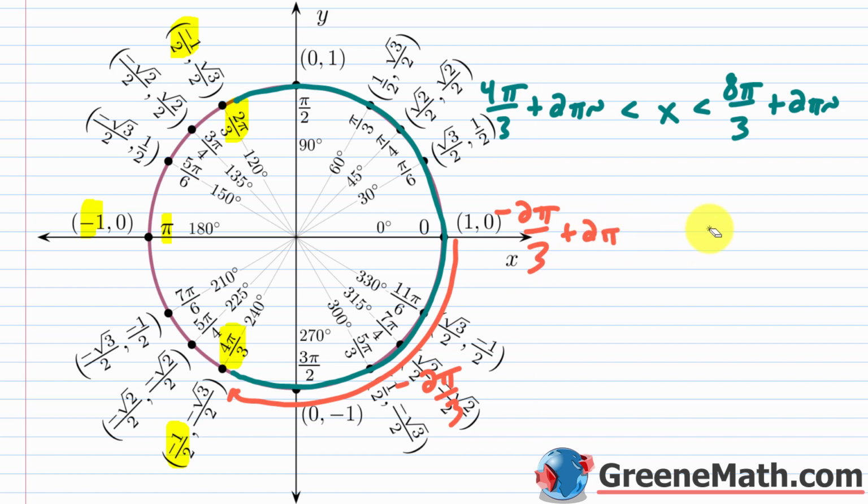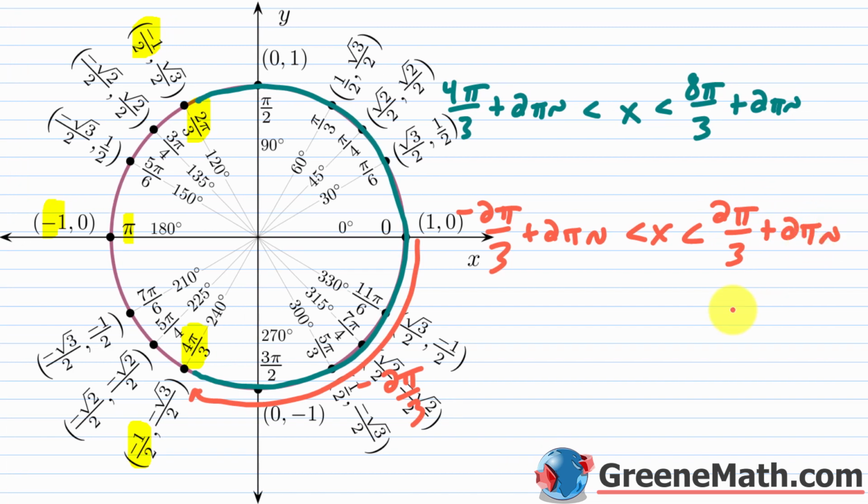And it's less than, well, now if you're starting from -2 pi over 3 and you're swinging around here, it would be less than 2 pi over 3 and then plus 2 pi n. So this is what I listed for the practice test answer. So I'll just go with this. When we get to the graph, I'll show you this one as well.